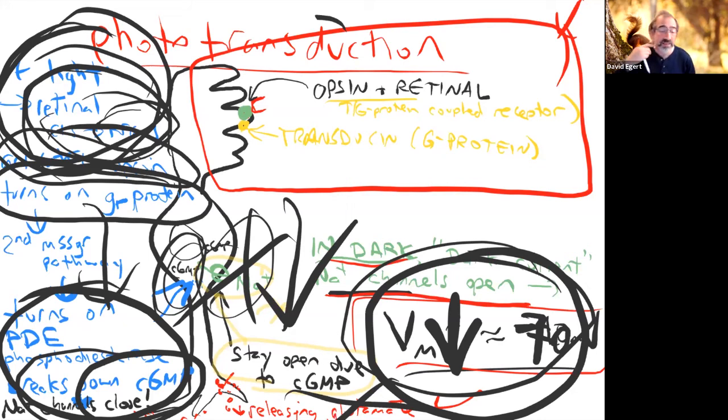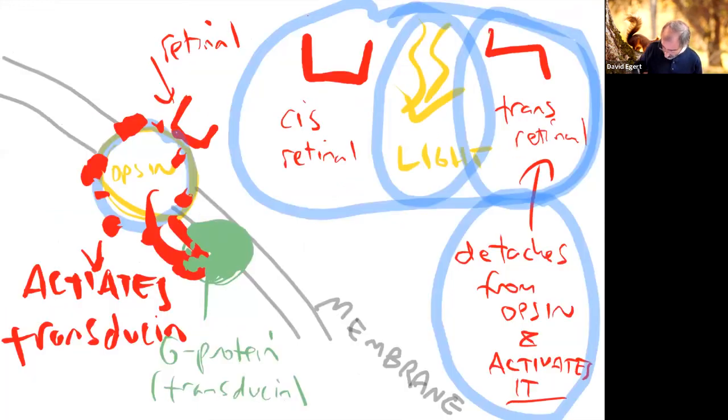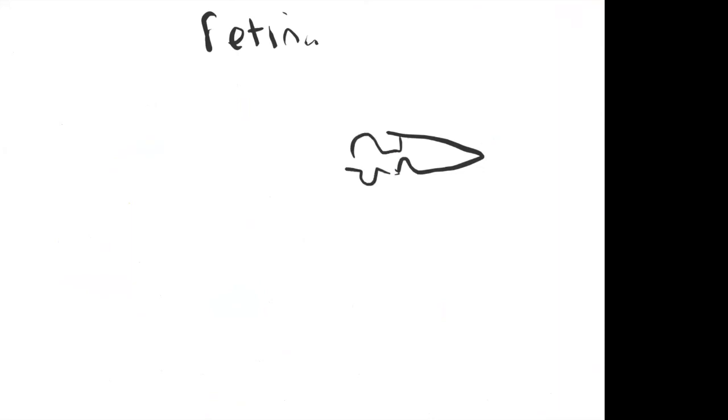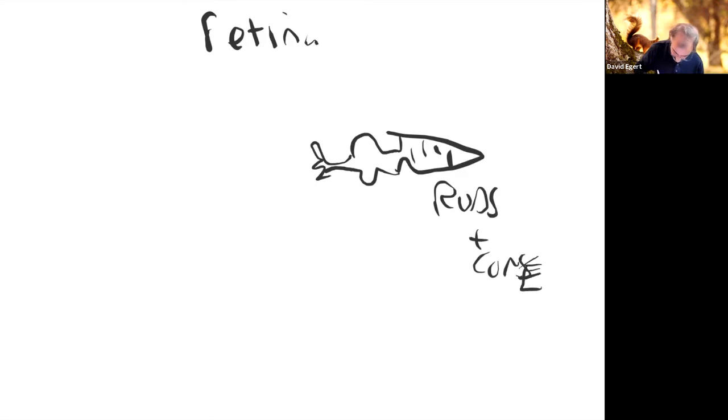I should mention, in the retina we talked about the rods and the cones. And then there are these bipolar cells.